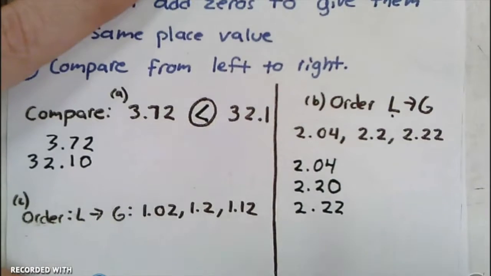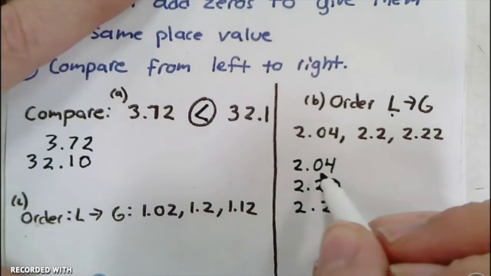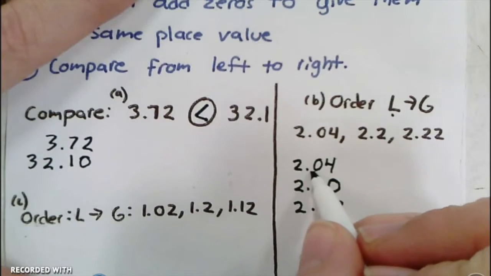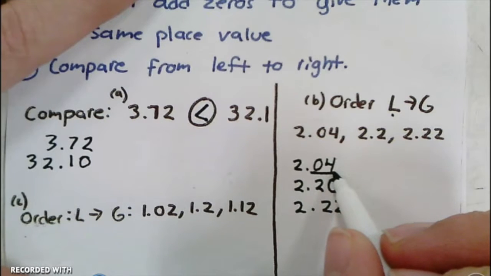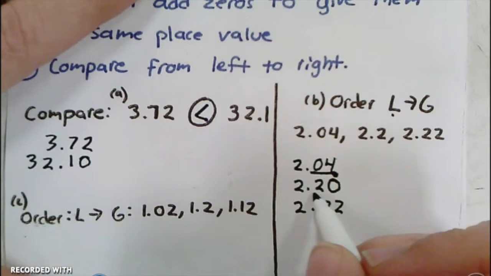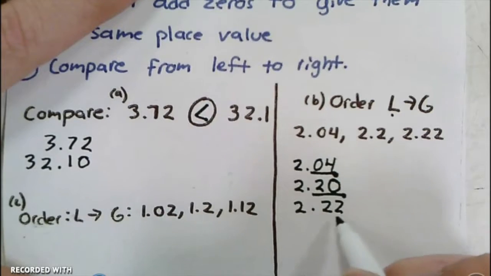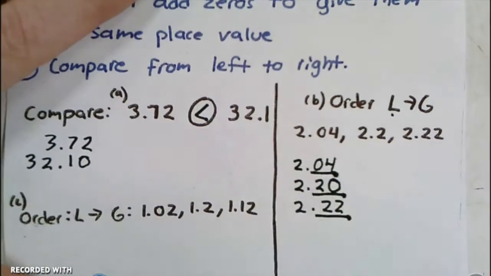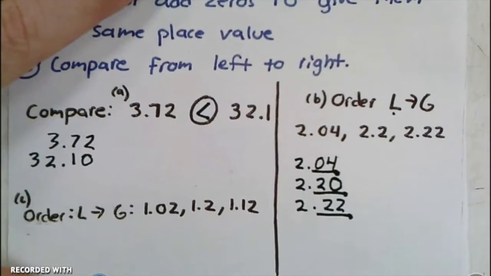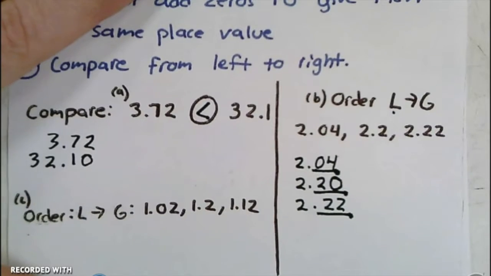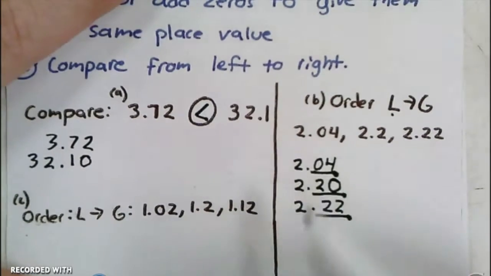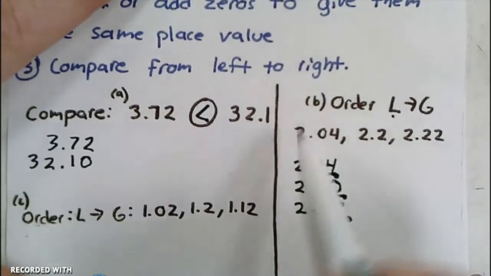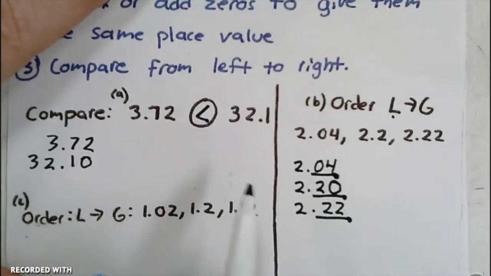Now I'm going to look at the decimals as though they were whole numbers. So this number I'm going to read as 4, this number I'm going to read as 20, and this one I'm going to read as 22. That's how I'm going to figure out which one is the smallest. I'm going to start with the whole numbers. They're all the same because I always start from the left to the right.